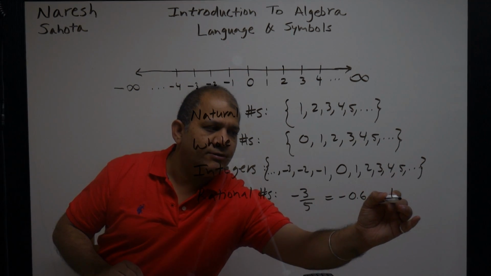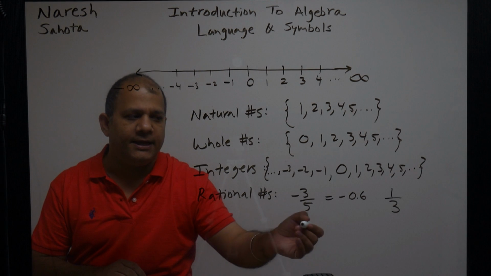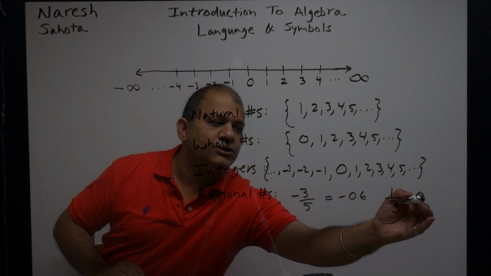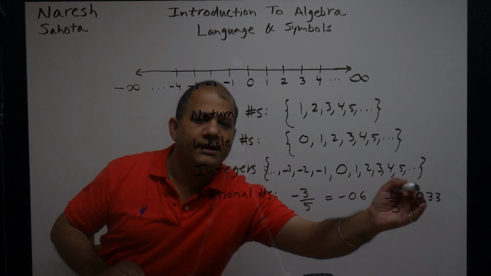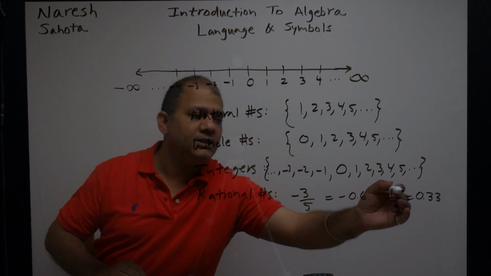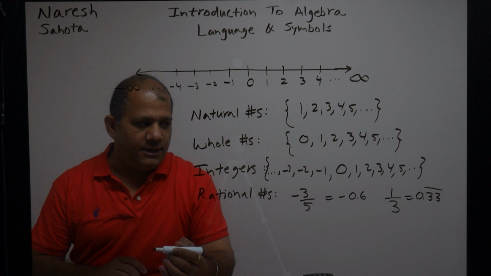Now another example of a rational number is 1/3. If I divided 1 by 3, what I would get is 0.333333 forever. The 0.3 repeats, and we show that repetition by putting a bar over the number.